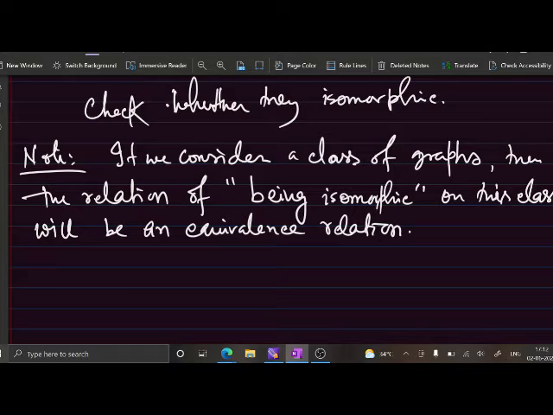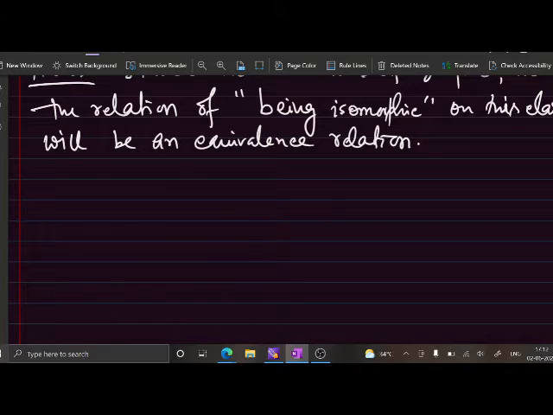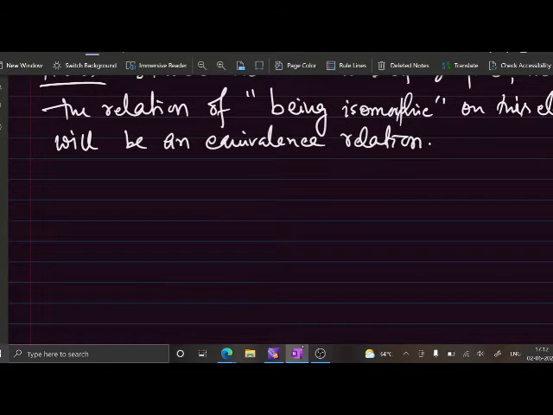Now let's define another nice concept, the degree of a vertex.